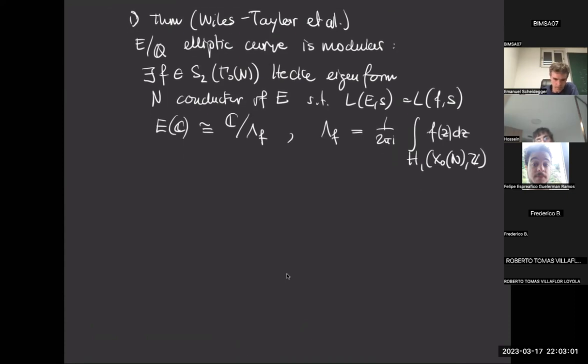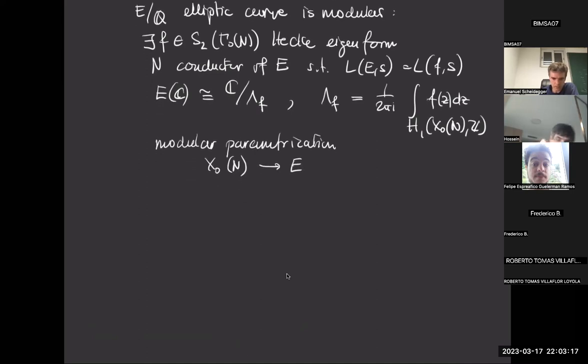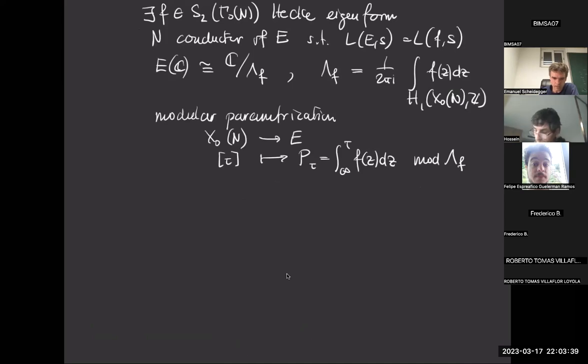So more concretely, we have a modular parameterization of the elliptic curve. That's a map from the modular curve into E, which sends the point represented by tau in the upper half plane to the point P of tau, which is the period integral from infinity to tau modulo the periods, and infinity is sent to 0.